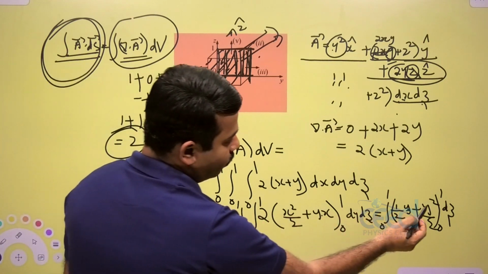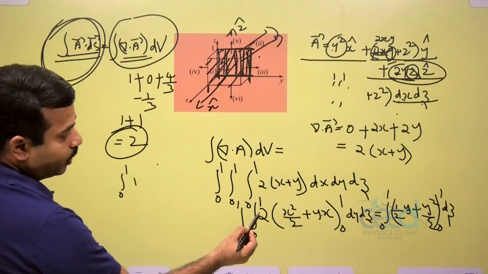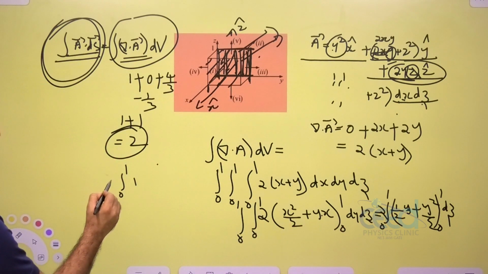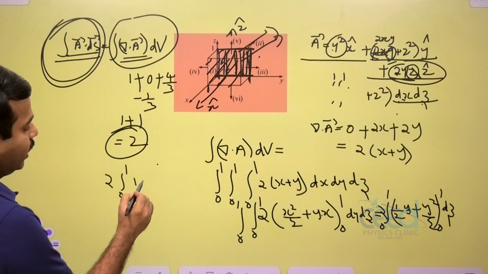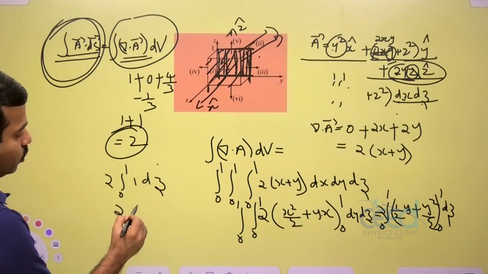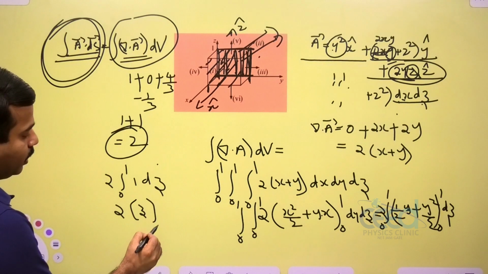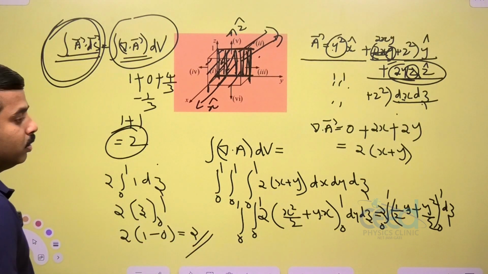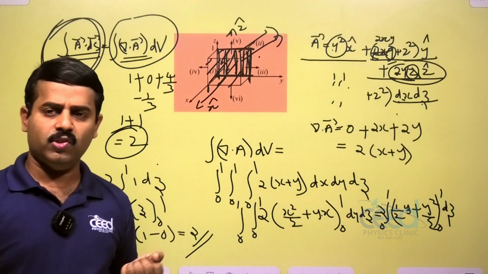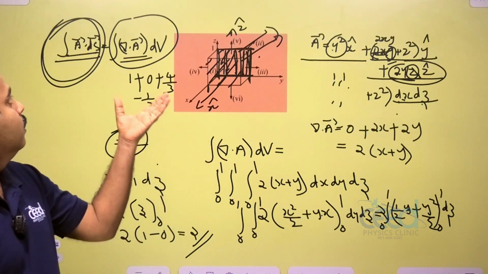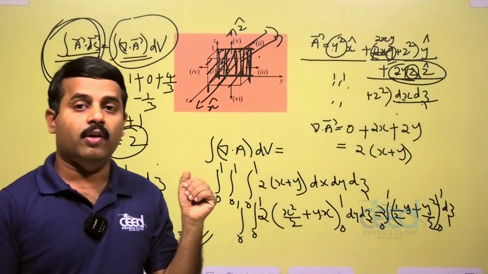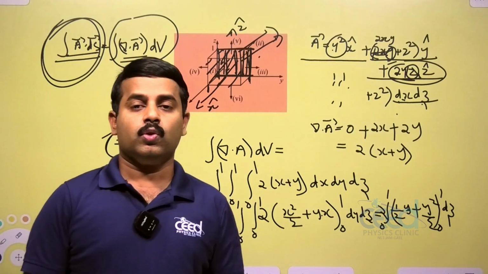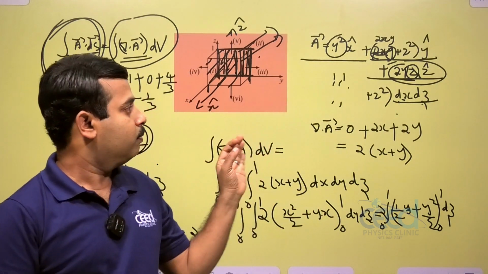Now we have dz here, and the 2 outside is kept here. Then 2 times 1 dz, integrating over z from 0 to 1, gives 2 into 1 minus 0, which is equal to 2. So by applying the divergence theorem, the right hand side gives the same result too.